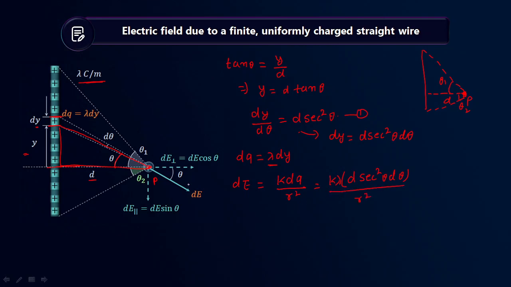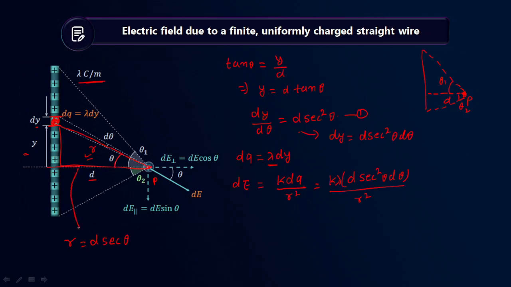Now the problem here is, if we consider a small element, the distance due to this element was r, but as we move on the wire this r will be changing, right? So we have to convert r also in terms of theta. From this triangle, r will be equal to d sec theta. Yes or no?